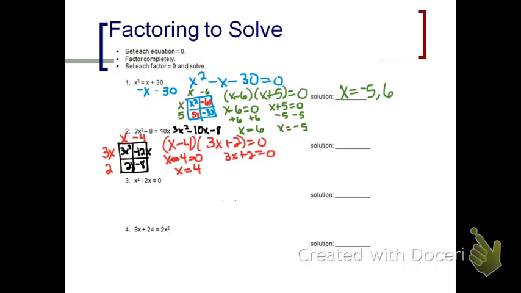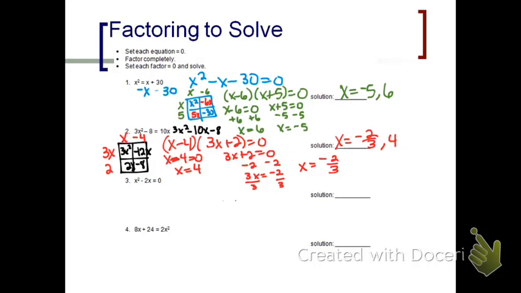So what do I need to do first? Subtract 2. So 3x equals negative 2, then divide by 3. So x equals negative 2/3. So my solution is negative 2/3 and 4.